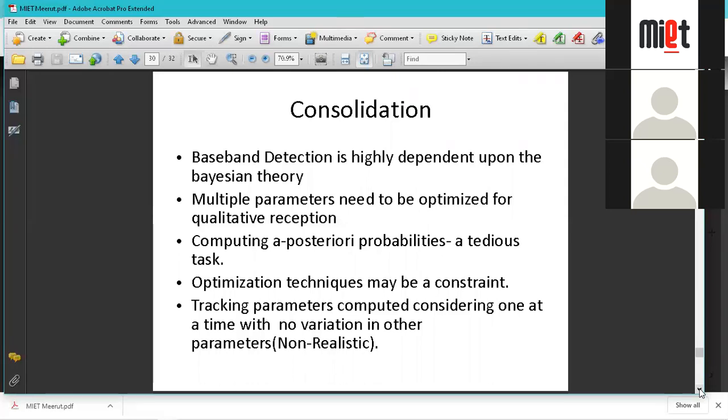The third point to consolidate is that in the communication study, when we try to solve it using statistics, we have to deal with a posteriori probabilities, which is a little difficult task, but it can be computed in terms of the a priori probabilities.